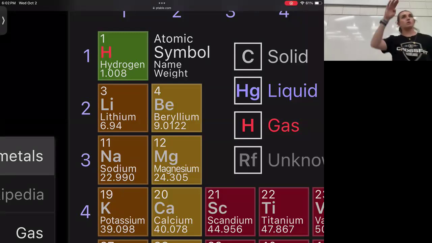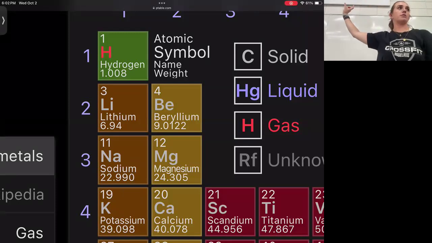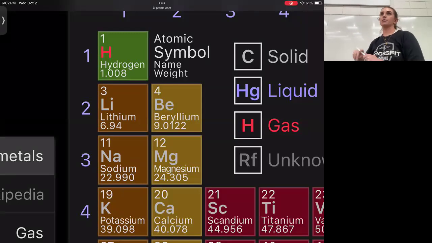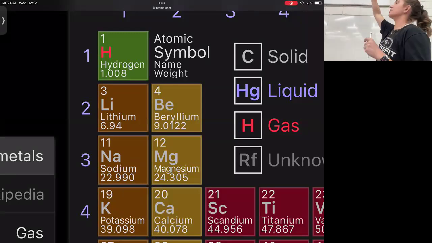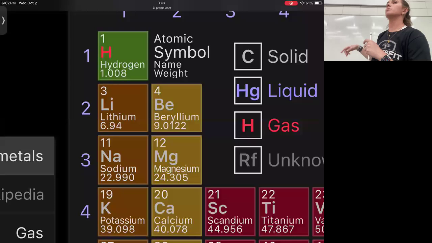Every time you go down, you go to the next energy level. So sodium is in the 3s orbital, because it's in the 3rd energy level, and it's in that first S block. That also means the second column will also be S, okay?